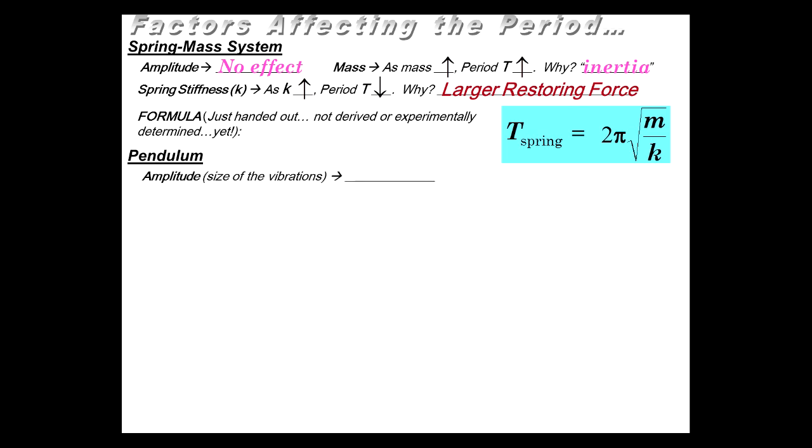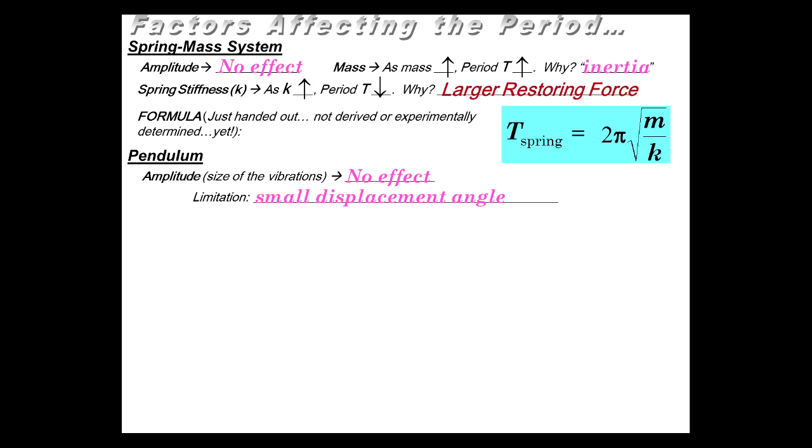Well, let's consider the pendulum. For a pendulum, the size of the vibrations, the amplitude, just like we did here, we see that there's no effect. And yet there's a limitation here, because it turns out that a pendulum oscillating back and forth is not perfectly in the category of simple harmonic motion. It's an approximation.